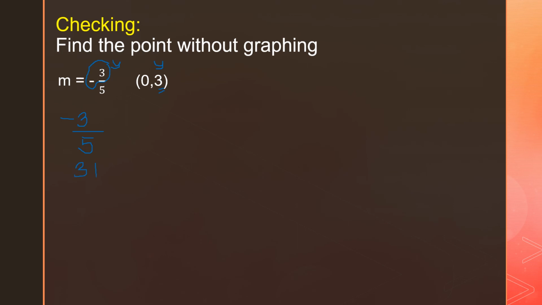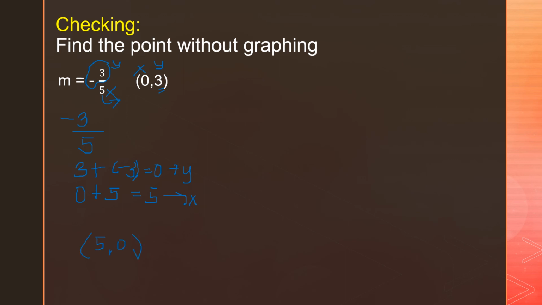That is 3 plus negative 3, which is 0. So this will be our y. And for the x, we have to use 5. That is the change in x. And the x in the ordered pair is 0. So that is 0 plus 5 equals 5. And this is our x. Therefore, the ordered pair for this is 5, 0.